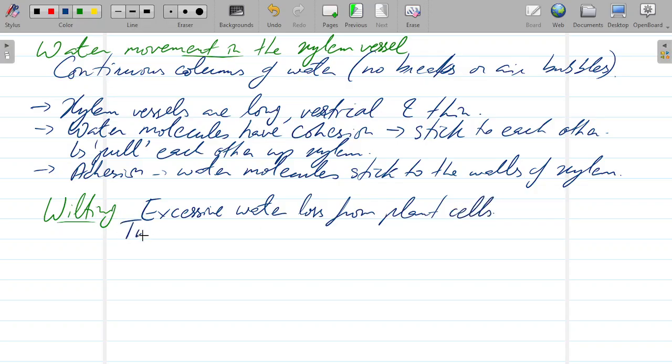Turgor is lost, due to a fall in pressure, what we just talked about, and what we've talked about in an earlier chapter as well.